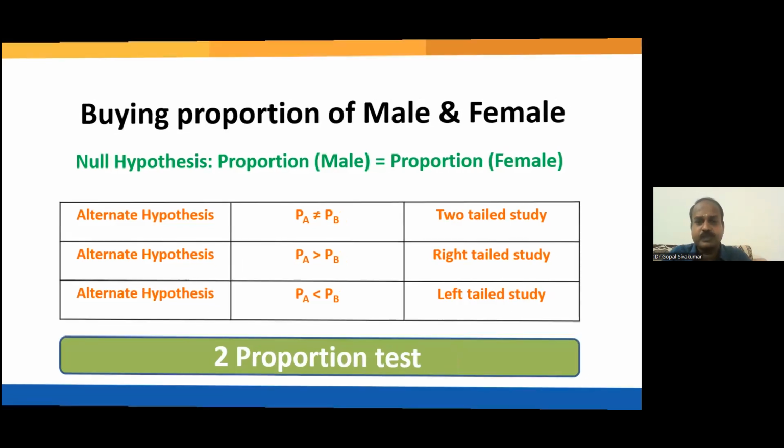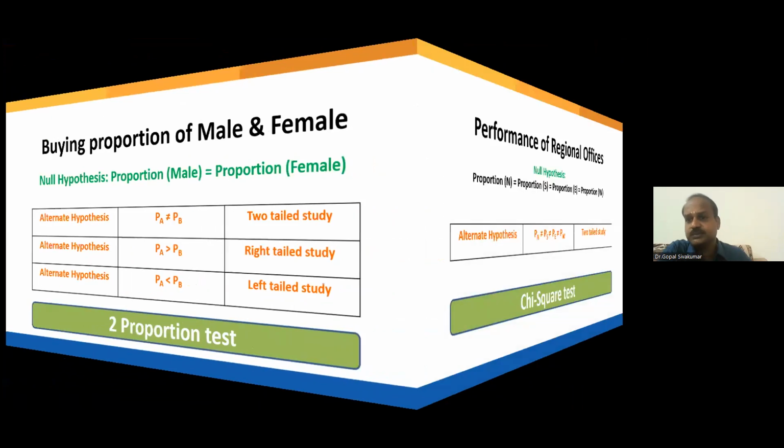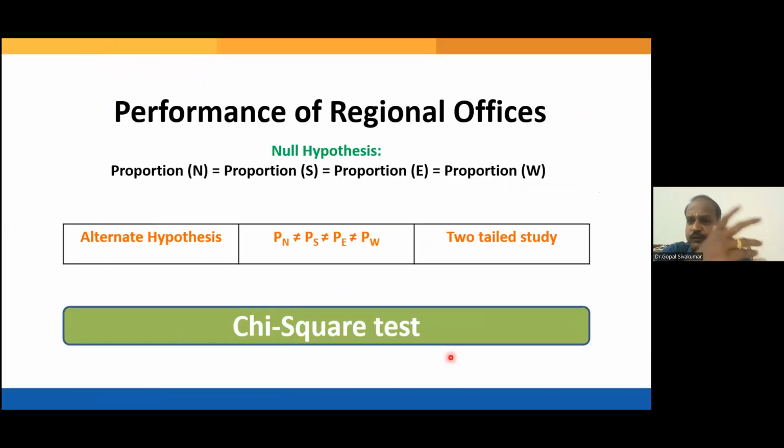Suppose the number of groups is more than 2. In ANOVA also, it can be any number more than 2: 3, 4, 5, 100. Now the situation will lead to a chi-square test. All of you understand how to choose the proportion test. Sometimes it is 1 proportion, sometimes 2 proportion, sometimes chi-square.